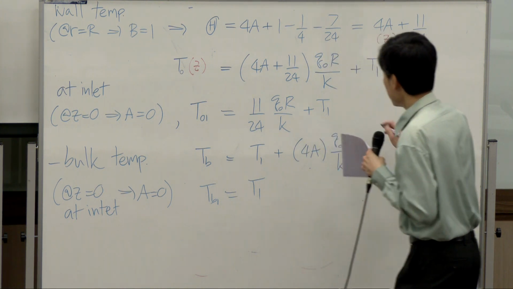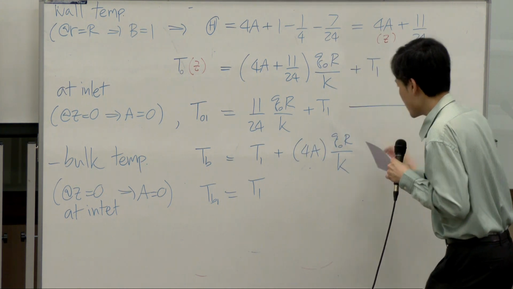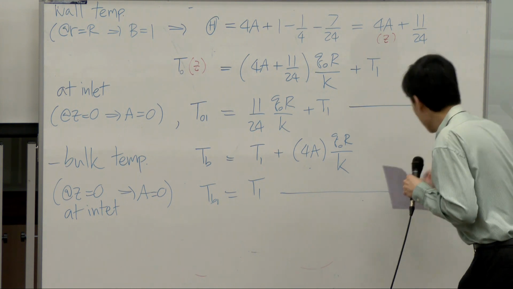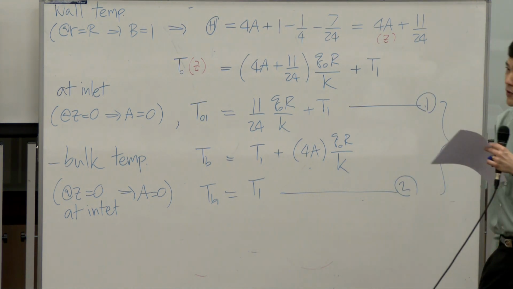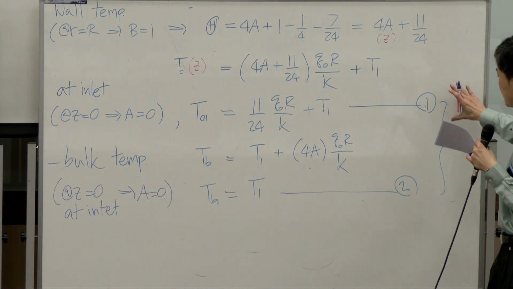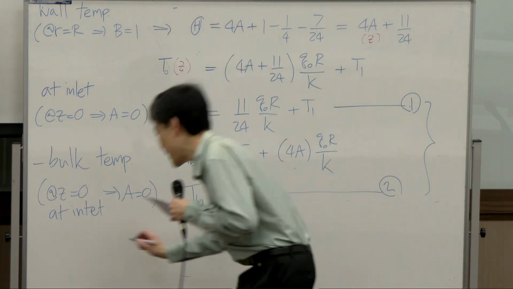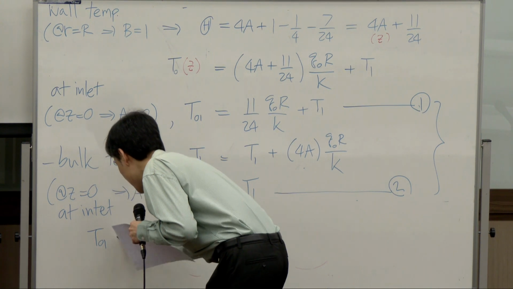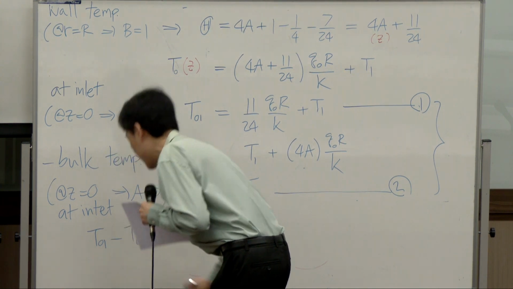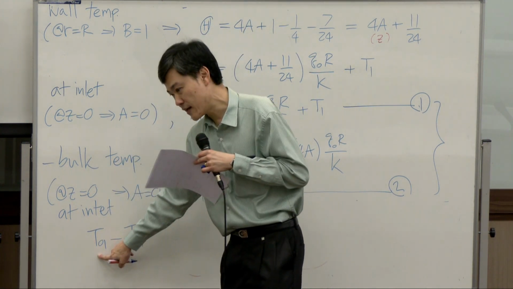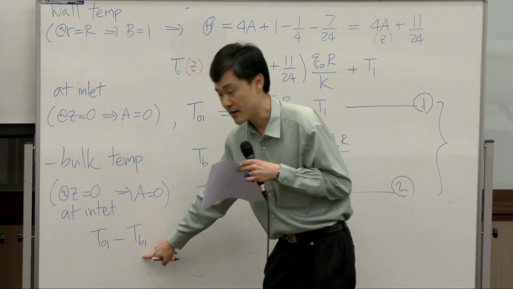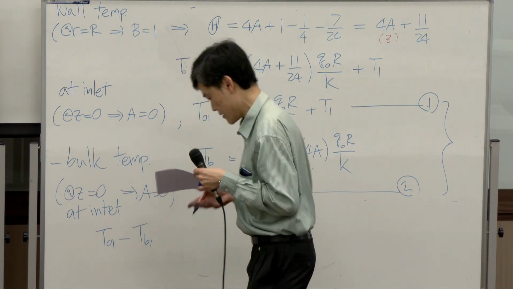All right? So if I take equation 1 and equation 2, these two should give you the difference in driving force. If I get T01 subtracted by TB1, which is wall temperature at the inlet and bulk temperature at the inlet, this is the driving force at the inlet.